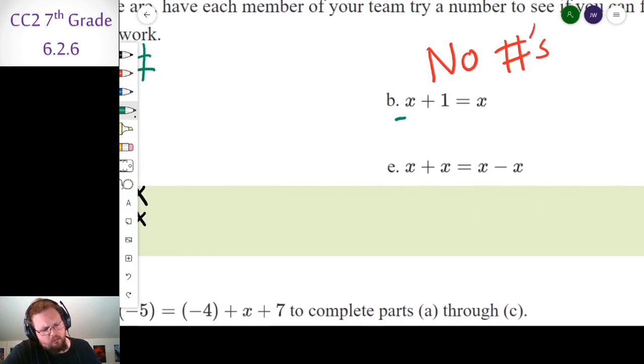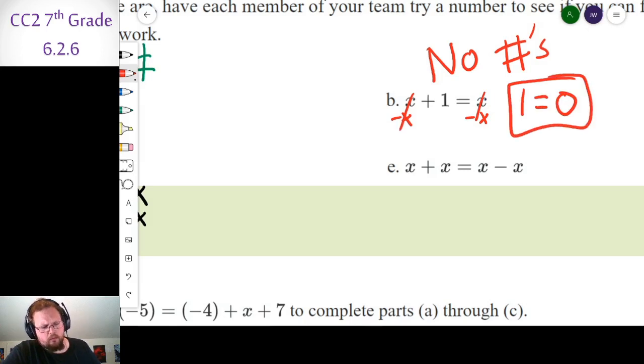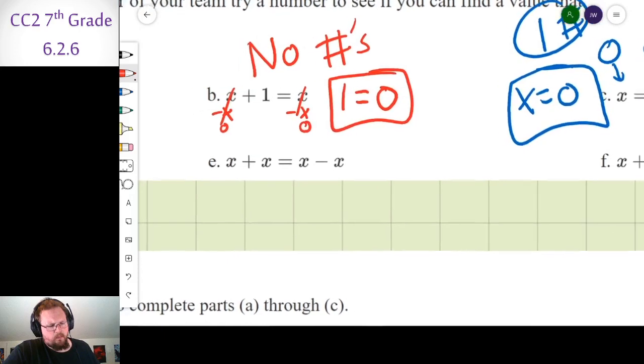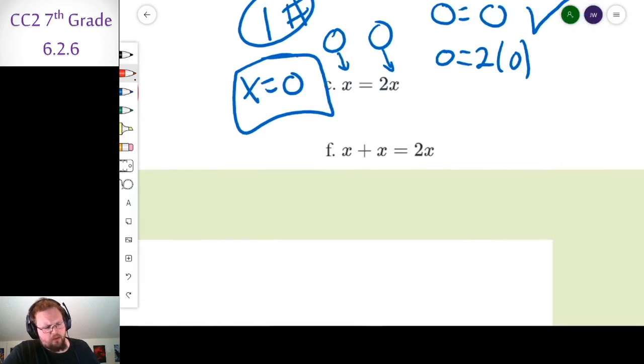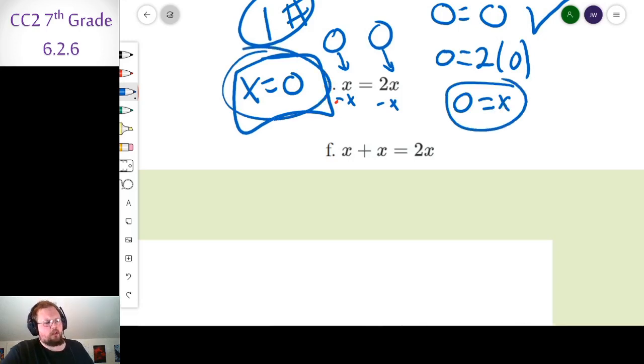If I subtracted an x away from both of these in part B, well, that goes away. 1 equals 0, that's weird, because there's a 1 on the left and a 0 on the right. And then here, same sort of thing. You could subtract x, and you get x minus x is 0 equals 2 minus x. Okay, well, that makes sense because x equals 0 was the answer that worked.